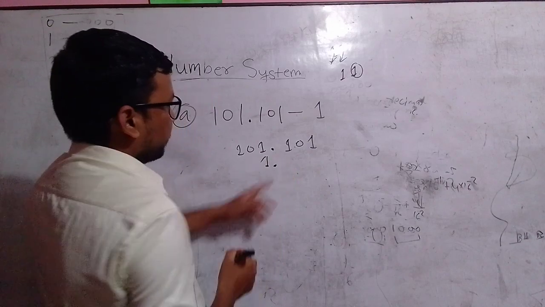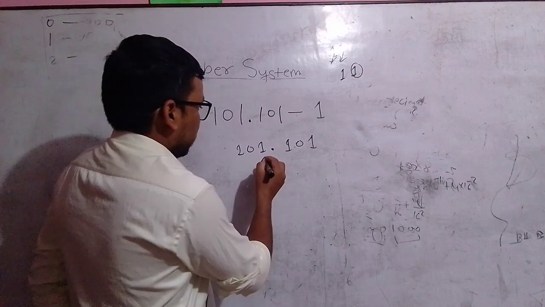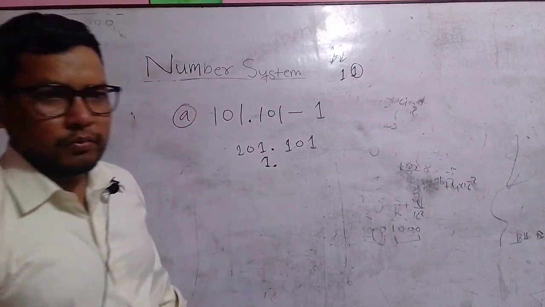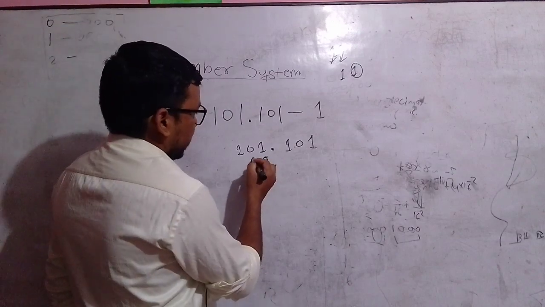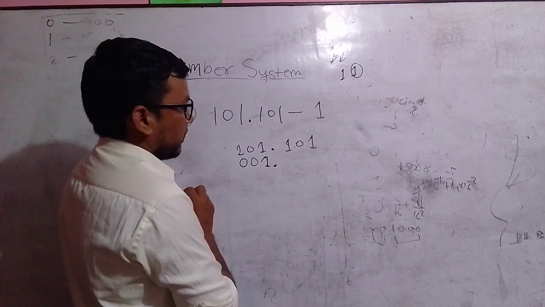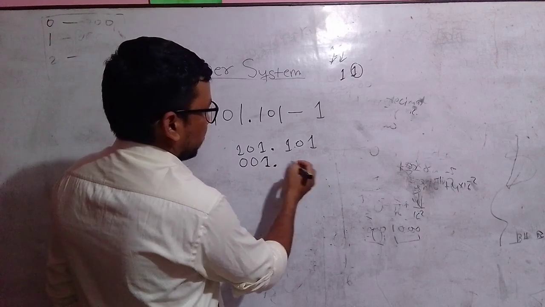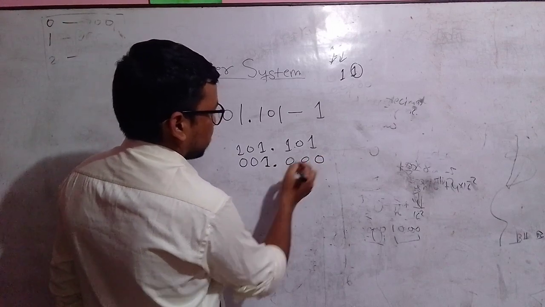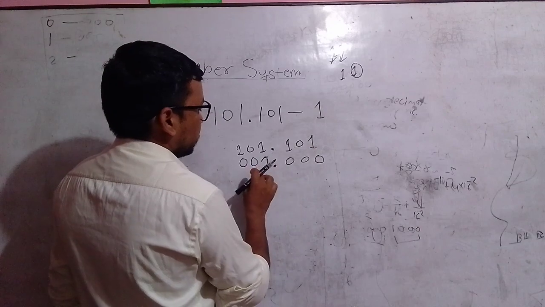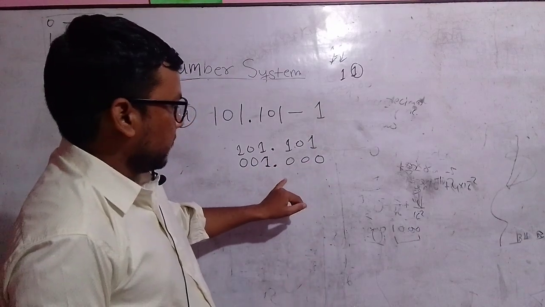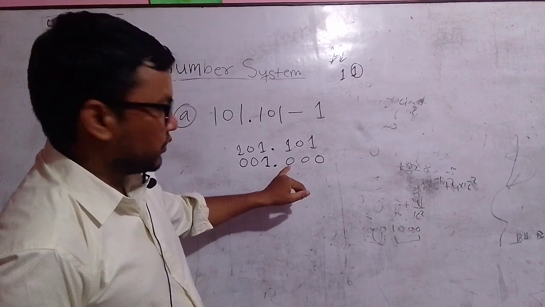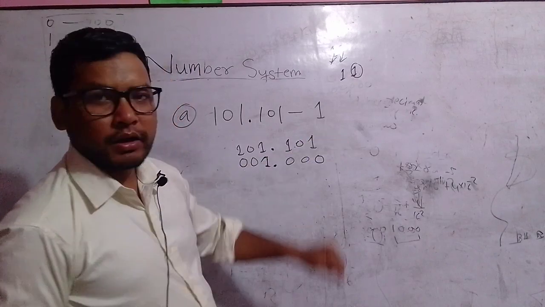For an integer number, we can append any number of 0s to the left-hand side. For a fractional number, we can append any number of 0s to the right-hand side. Now 1 is converted into 001.000. We can change it in this way. This does not change the quantity or value of the 1.